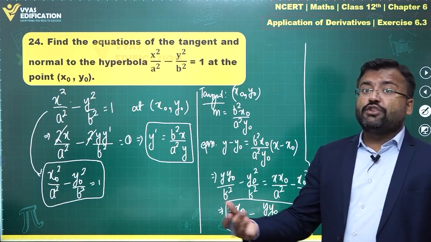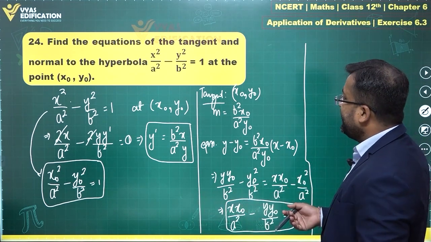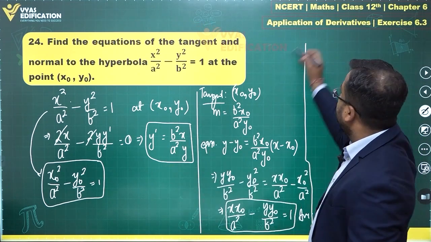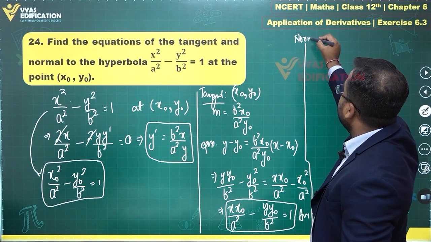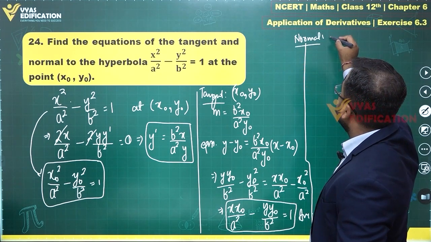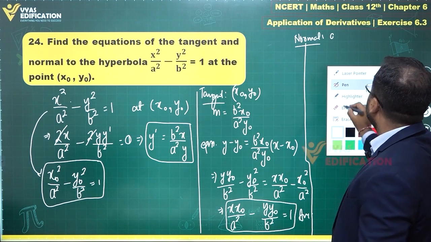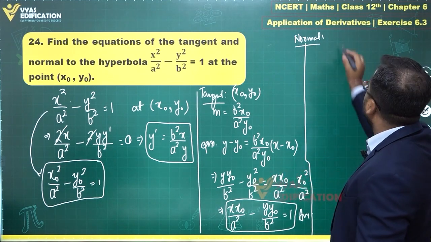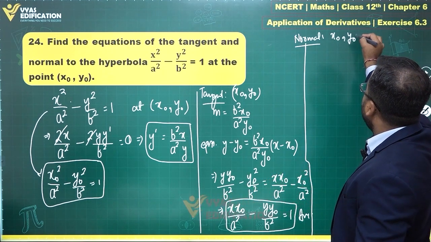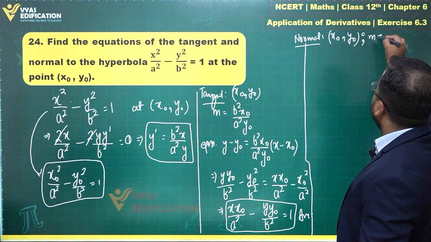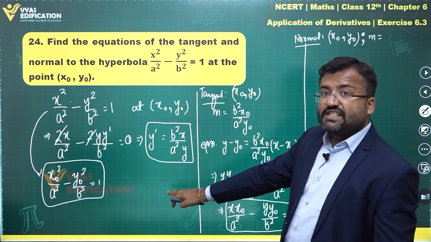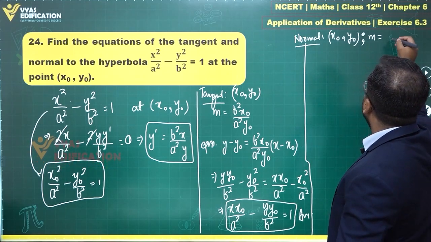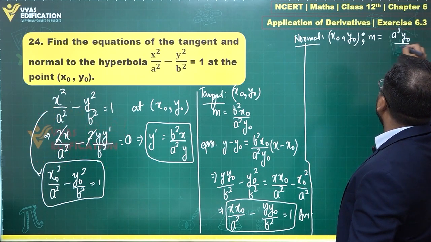Okay. What about the second part? The second part says that the equation of normal is supposed to be found. For finding the equation of normal, for normal, again, we have the point x0, y0. And we have the slope, which is the negative reciprocal of this. Take the reciprocal, a square y0 over b square x0 with a minus.